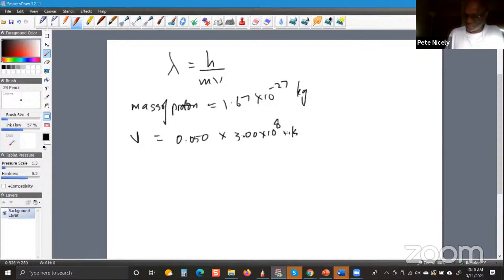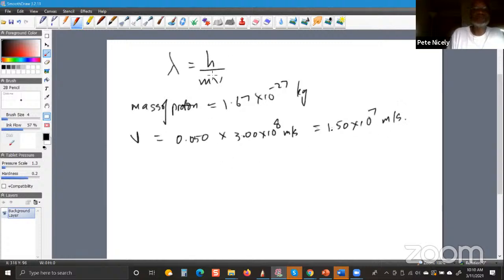So that is 0.05 times 3.00 times 10 to the 8, which gives us 1.50 times 10 to the 7 meters per second.